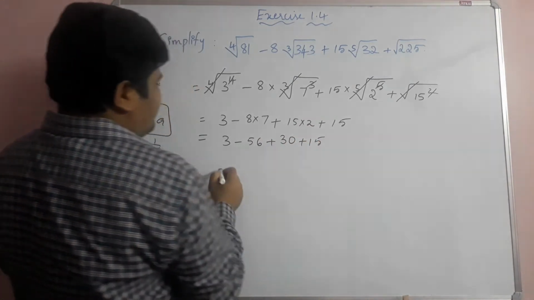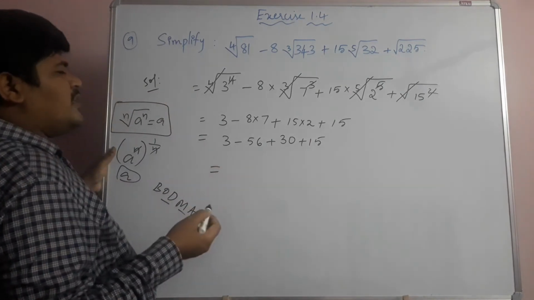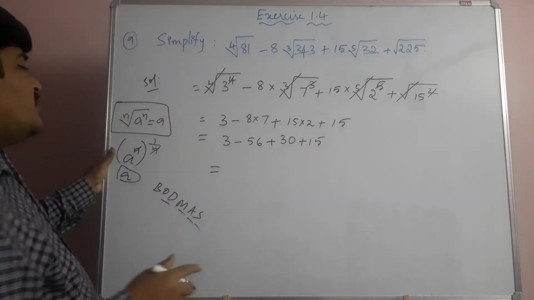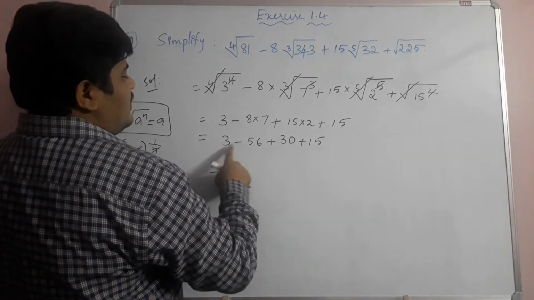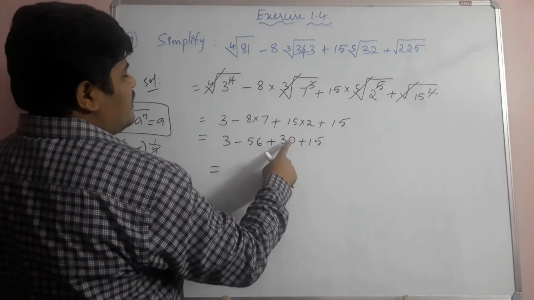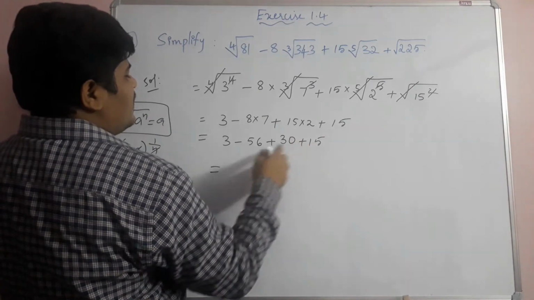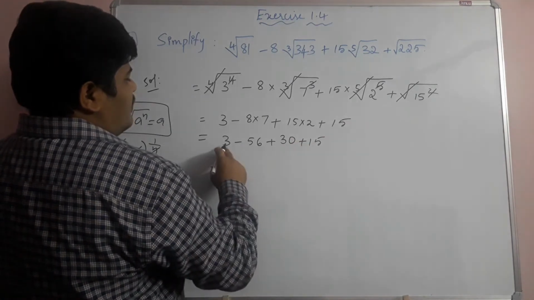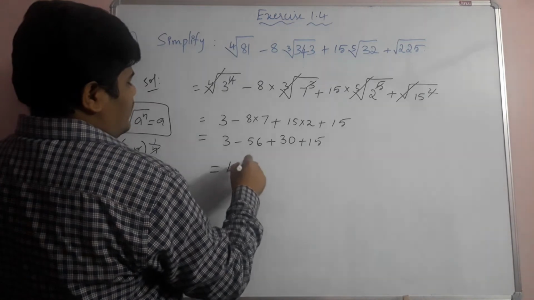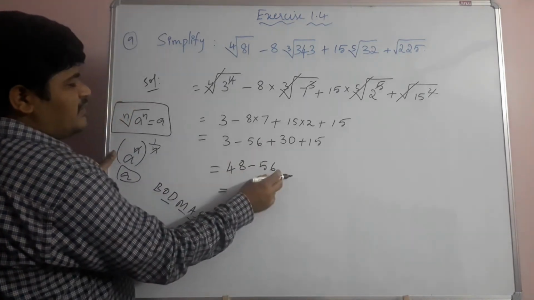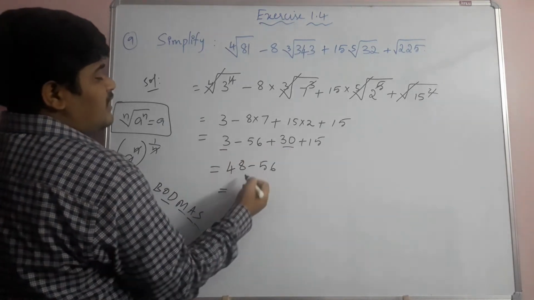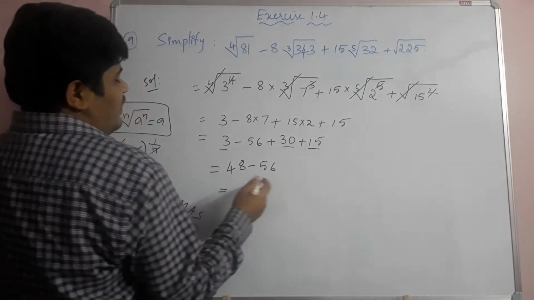So students, see here. First I want to add all positive numbers: 3 plus 30 plus 15. 3 plus 30 is 33. 33 plus 15 is 48.